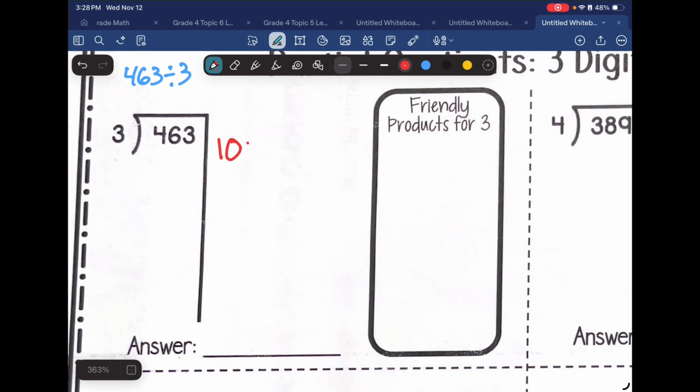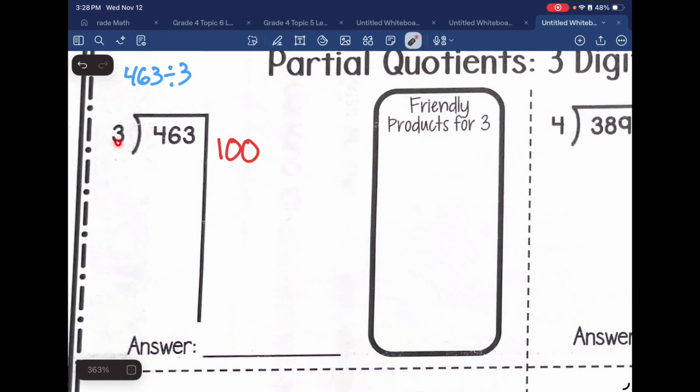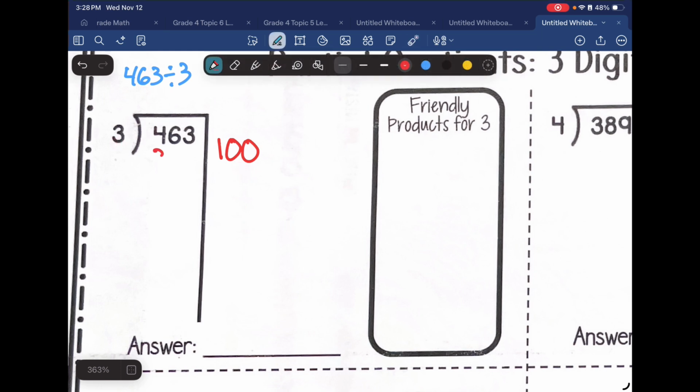So I'm going to put 3 times 100 over here on the side. 3 times 100 is 300. Now I subtract. I find my difference between my dividend and this number. 3 minus 0 is 3, 6 minus 0 is 6, and 4 minus 3 is 1. Now we've got 163, which is a much more manageable number, easier to get closer to.